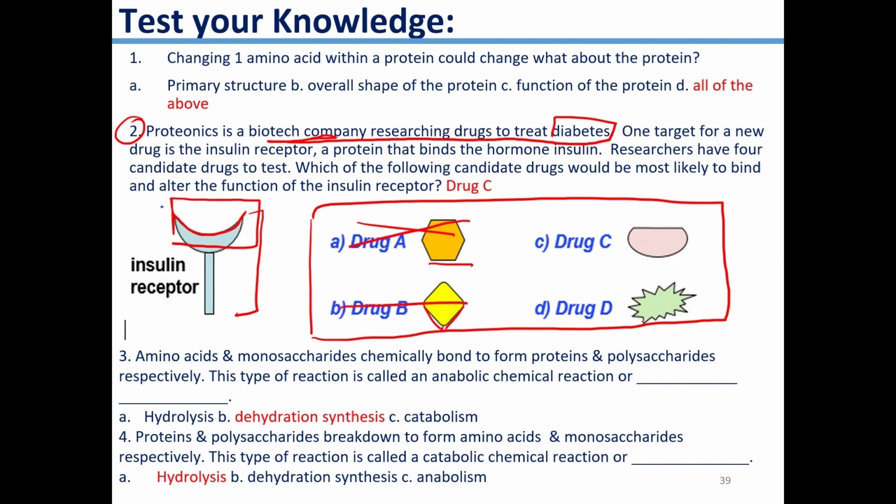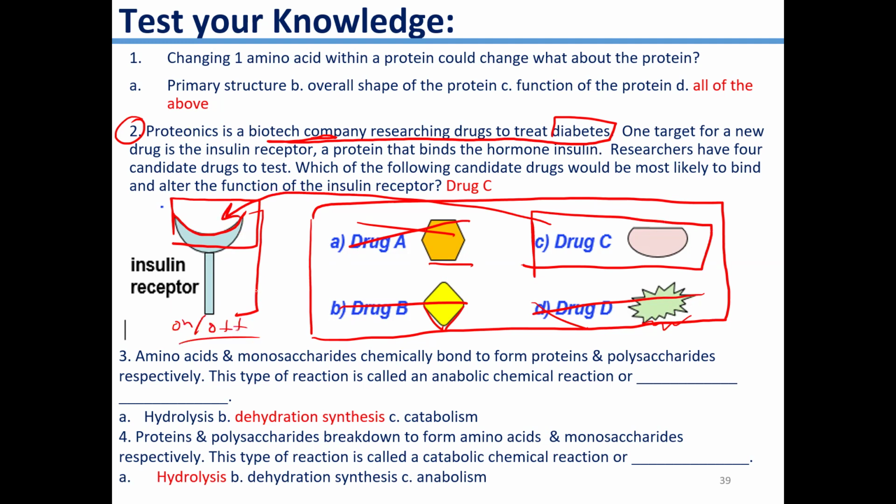We know drug D can't because it has all these jagged edges. So in this case, drug C would be able to slot right in in order to turn on and off those reactions. So the main idea from this question is our receptors are very specific to their hormones.